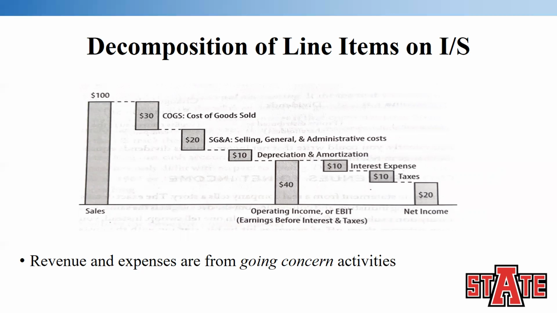SG&A stands for selling, general, and administrative costs. These are more like overhead type items, so more like fixed costs, marketing expenditures, advertising expenditures, salaries, maybe even research and development expenses. Okay. So if you look at sales, we're thinking, okay, $100 in sales, that's good. Cost of goods sold 30, SG&A 20.